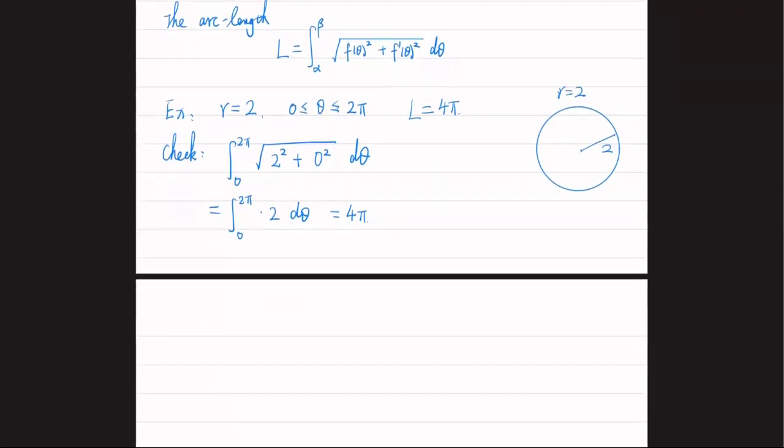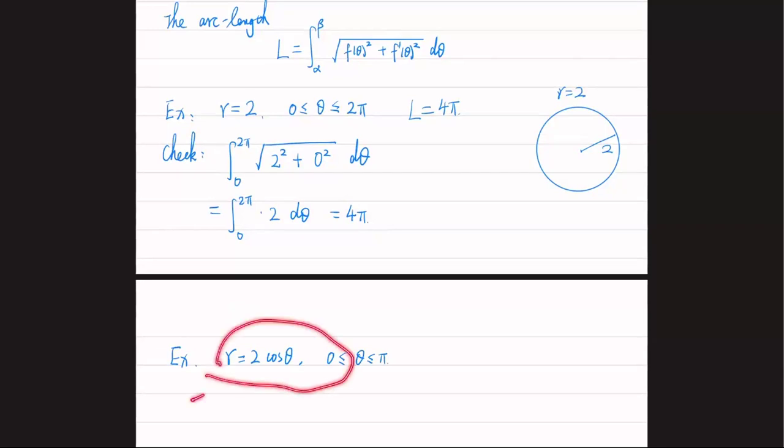A second example: r is 2 cosine theta. Now let's recall what's the geometric shape of this curve.